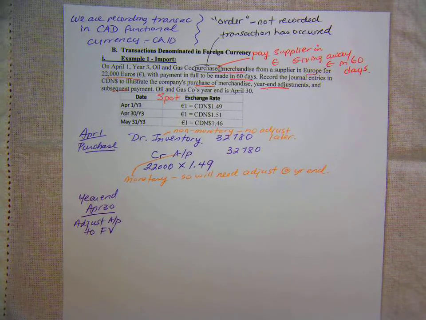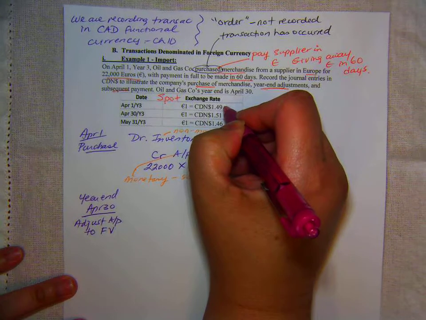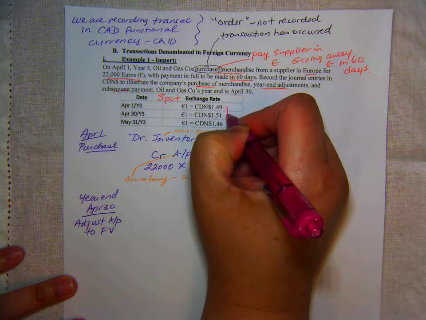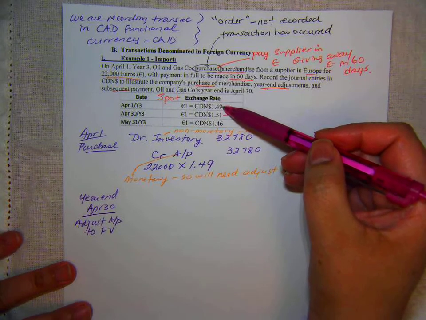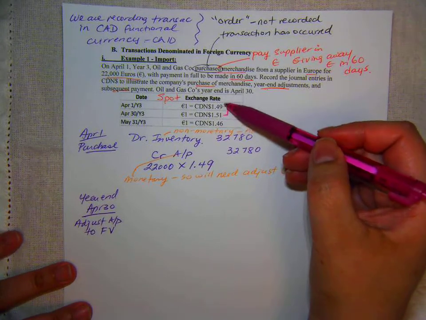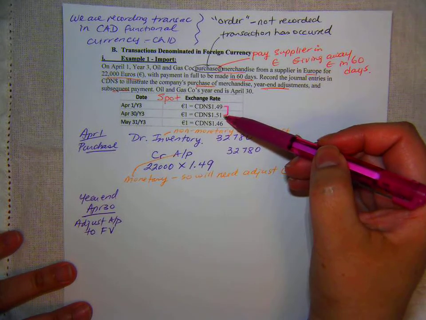So in order to do that, we need to know if we have a loss or a gain, how the exchange rate has gone for accounts payable. So we're going from April 1st to April 30th. And the exchange rate, what we have to pay in Canadian, has gone up.